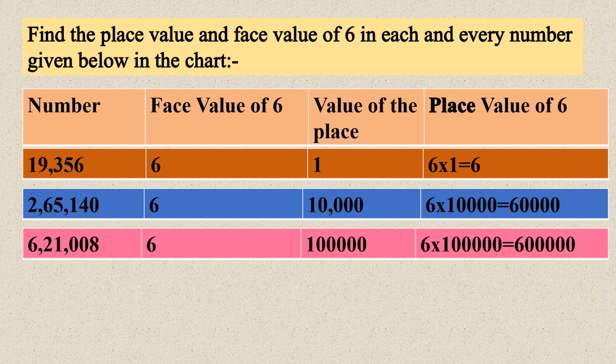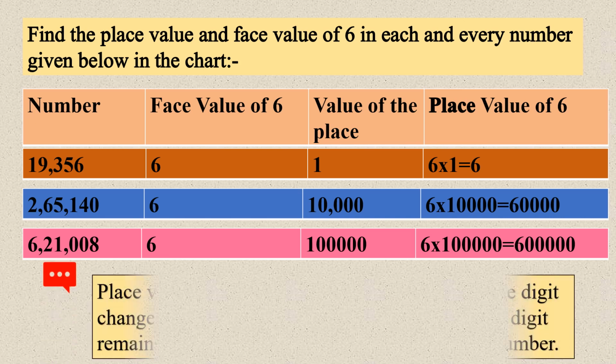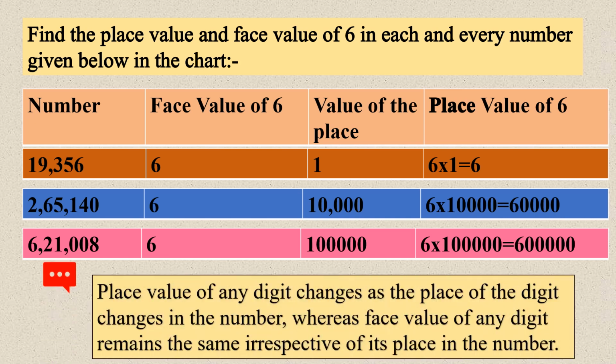So, we can say that place value of any digit changes as the place of the digit changes in the number. Whereas face value of any digit remains the same irrespective of its place in the number.